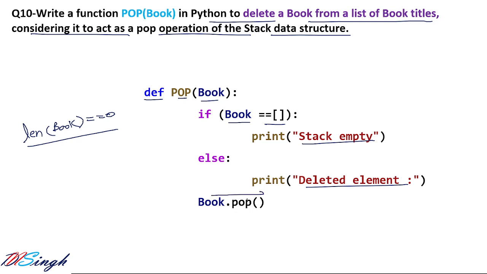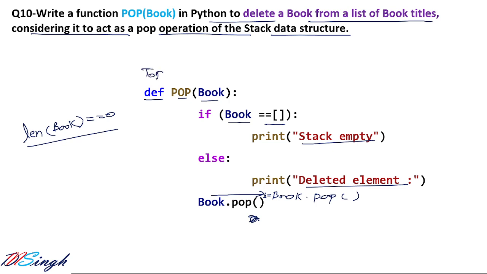So this should come here. The indentation level is wrong. Here it should be written book dot pop. Okay, fine. After deleting it, no issue. If you want to return, then have a variable here like b equal to, and return b. Or before returning, we can also maintain a top pointer here.